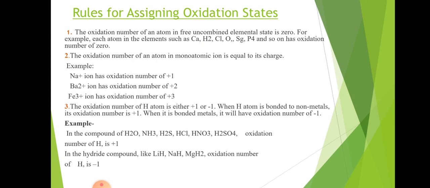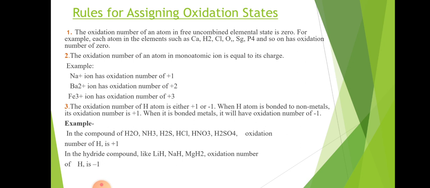Examples of hydrogen bonded to non-metals are the compounds H2O, NH3, H2S, HCl, HNO3, and H2SO4, where the oxidation number of hydrogen is +1.